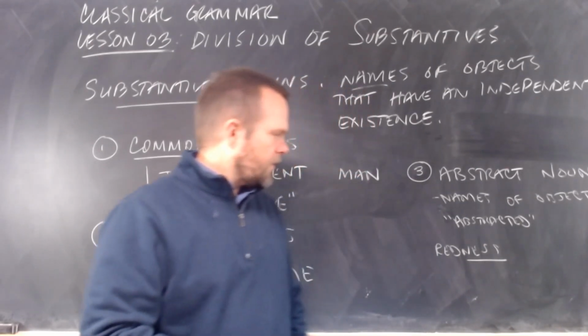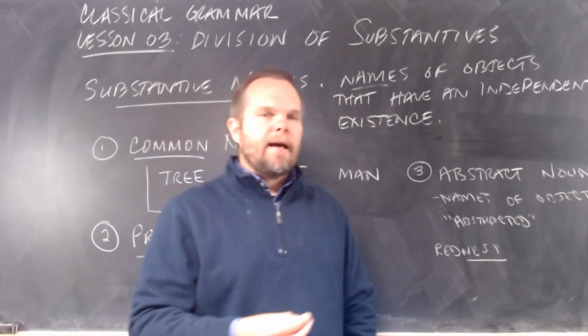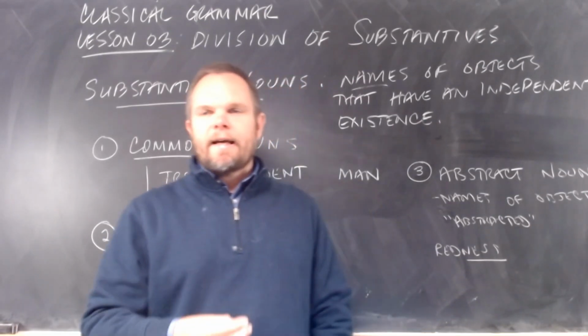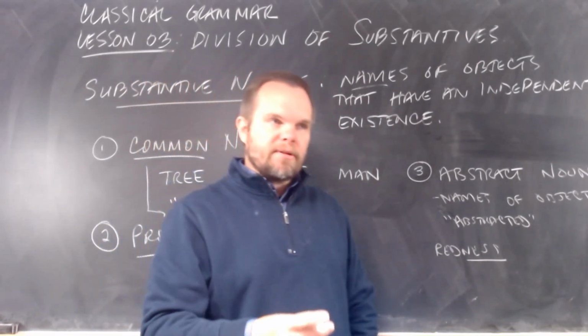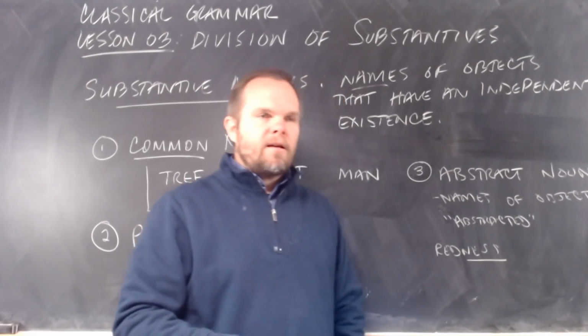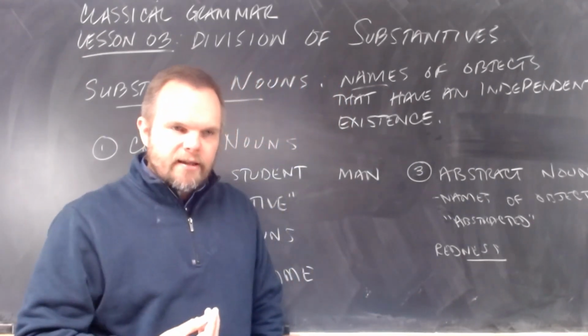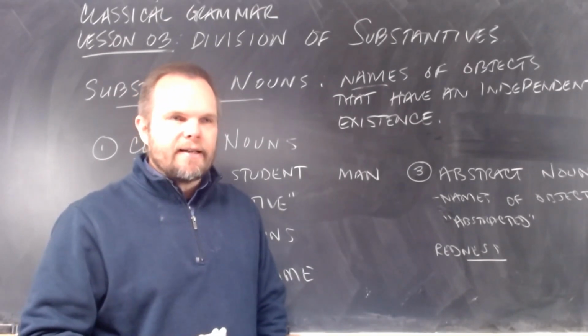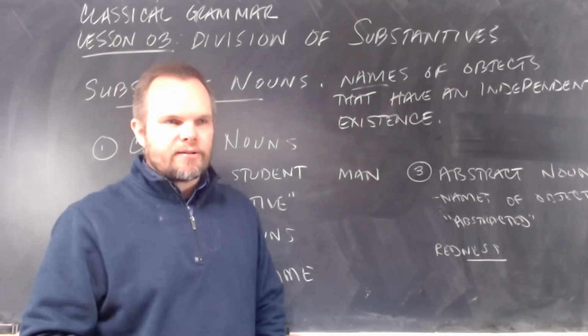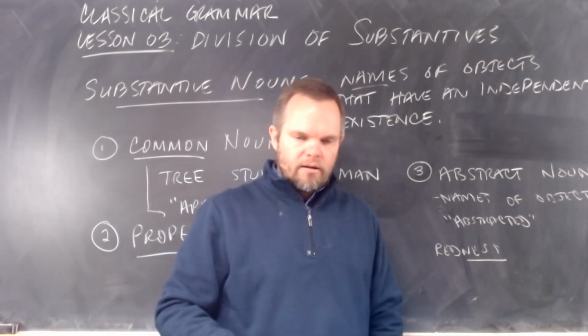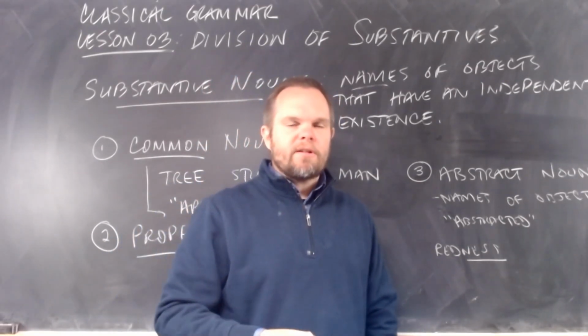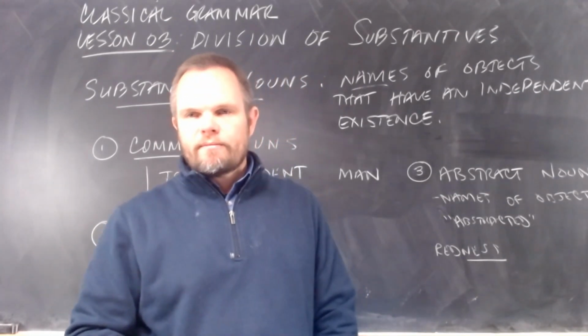All right? Redness. Happiness. Sadness. Sad is not a substantive noun, but the general idea of what it means to be sad is sadness. And there are other examples of this. Our book gives us the example of virtuous.